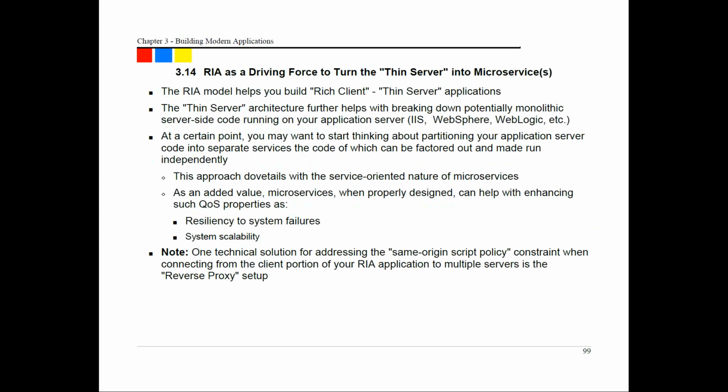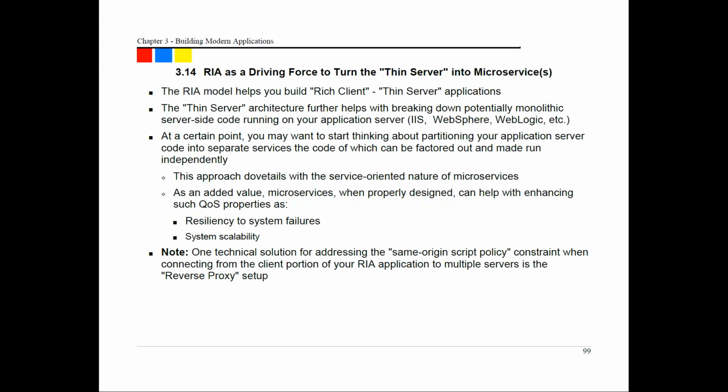So at a certain point, you want to think about partitioning your application server into separate services that we can factor out and run independently, because the phone just wants to say, okay, for this user, what resources do I have available? That is the same across half a dozen applications that you may have.